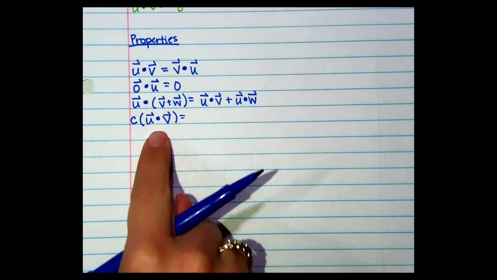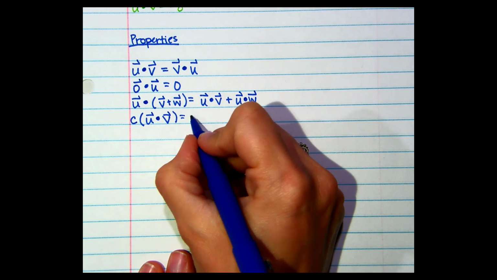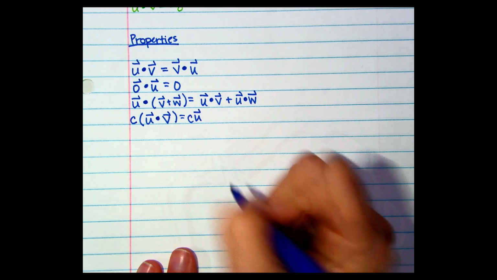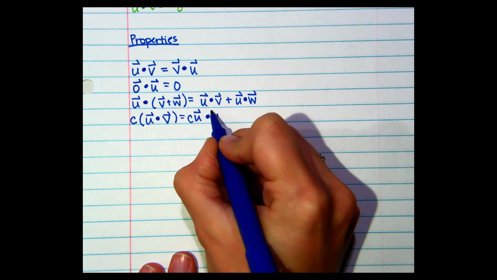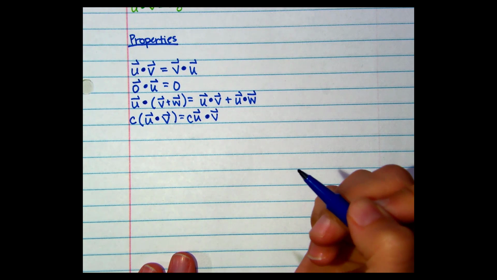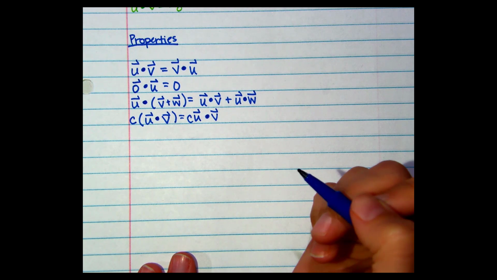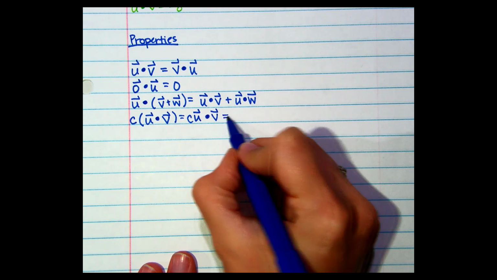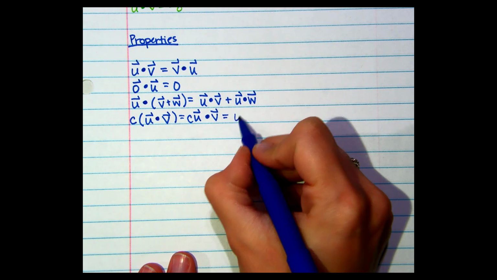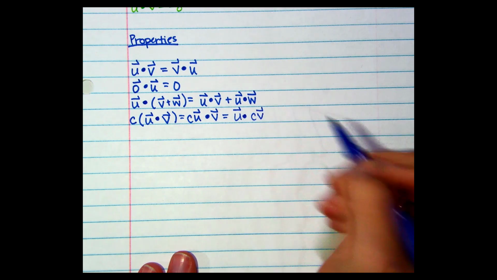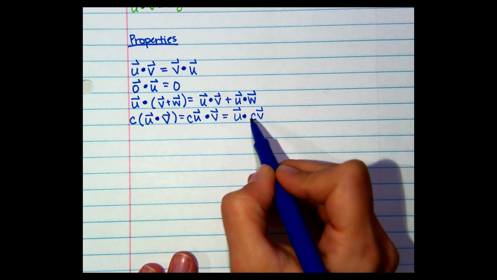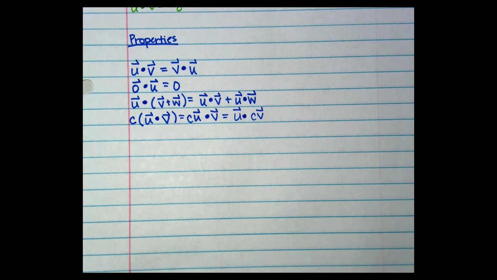This is the same thing as multiplying the U times the C and then dotting the result with V, or dotting the U with the C times V. So you can multiply that C by either one of your vectors before you do your dot product, or you can do your dot product first and then use your scalar.